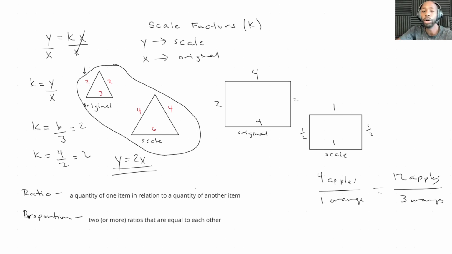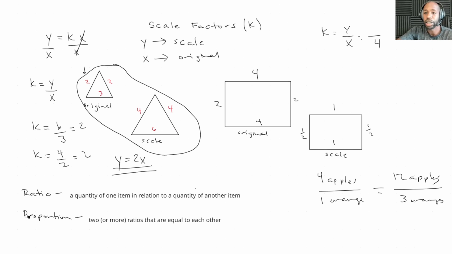Okay. So we know that if we want to find the scale factor K, that's going to be equal to y over x, where y is a measurement from the scale shape, and x is a measurement from the corresponding side of the original shape. So let's just do the top one here. So if the original is 4, that's going to go on the bottom.